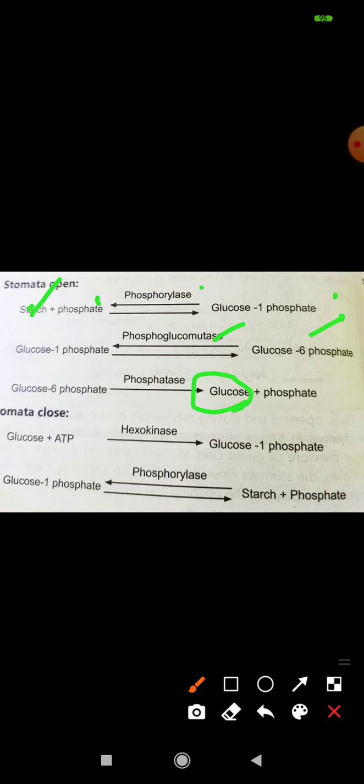Now what happens during closing of stomata, that we will see. During night there is no photosynthesis, so there is an increase in the carbon dioxide concentration in the mesophyll cells, which decreases the pH of the guard cell, and under such situation glucose is converted into starch, which decreases the osmotic pressure of guard cells, and decreased osmotic pressure leads the guard cells to lose water by the process of exosmosis.